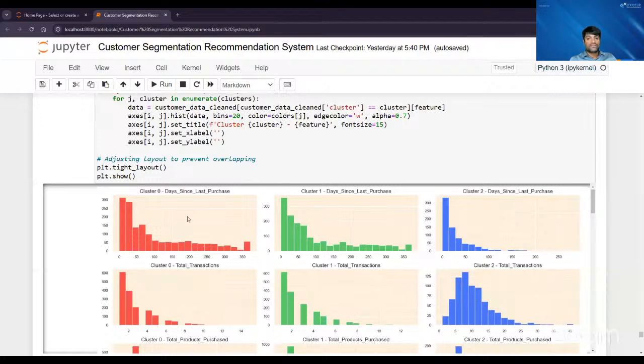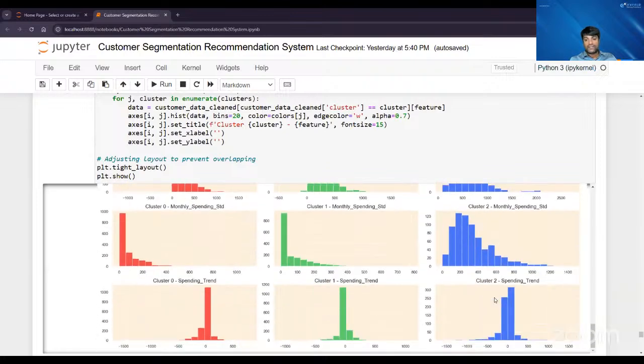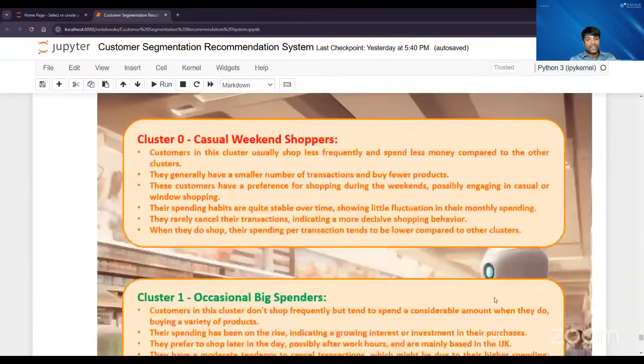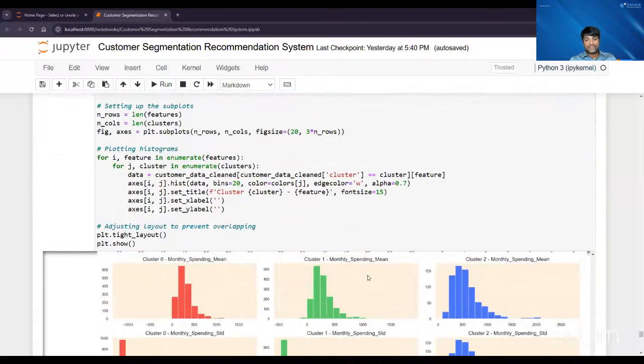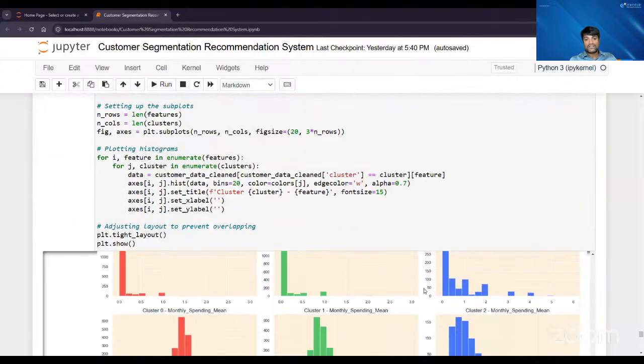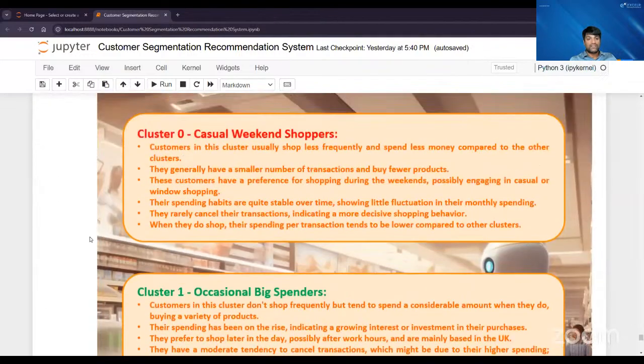This is days purchased for cluster 0, cluster 1 and cluster 2, and this is total purchase for cluster 0, cluster 1, and like that I have built plots for all the features we felt are important. Based on that we can evaluate and conclude how the clusters behave, and from the cluster visualization we can understand what is happening in cluster 0.